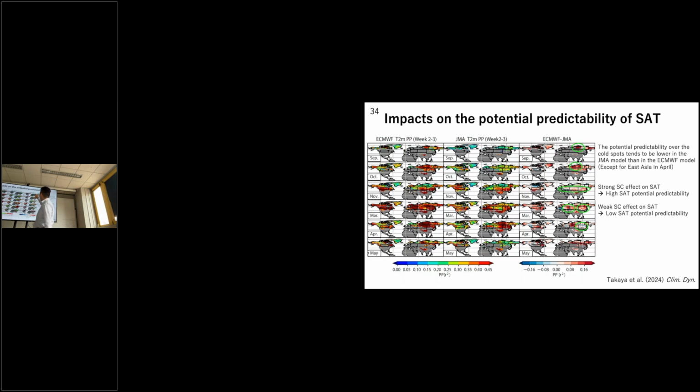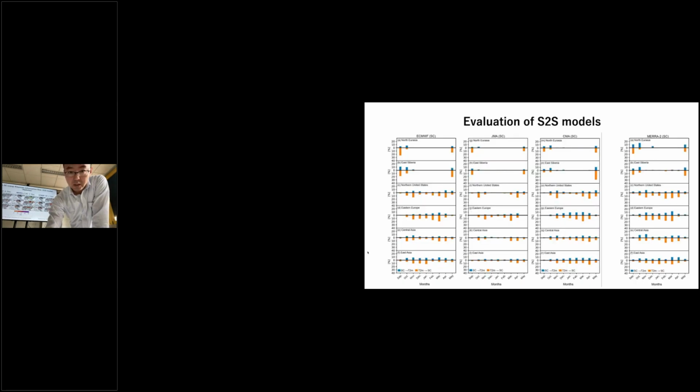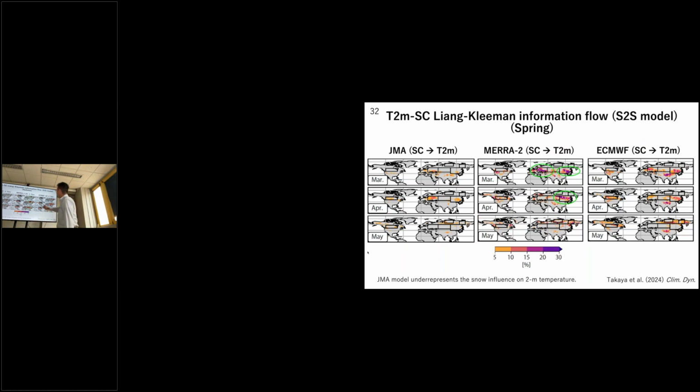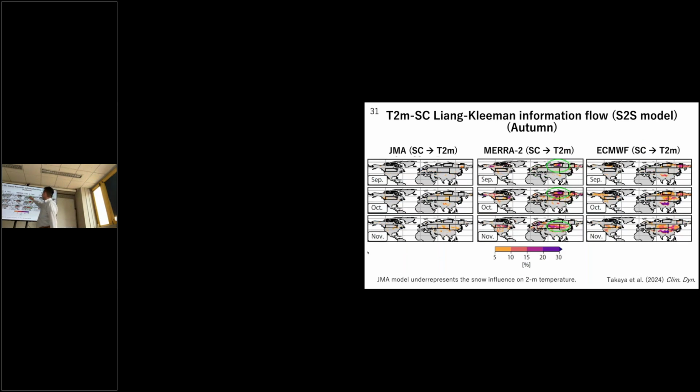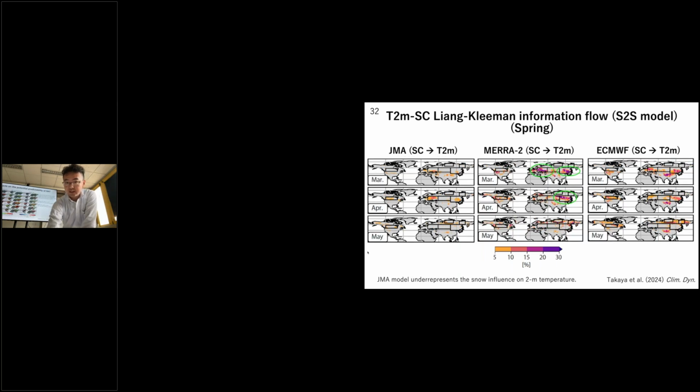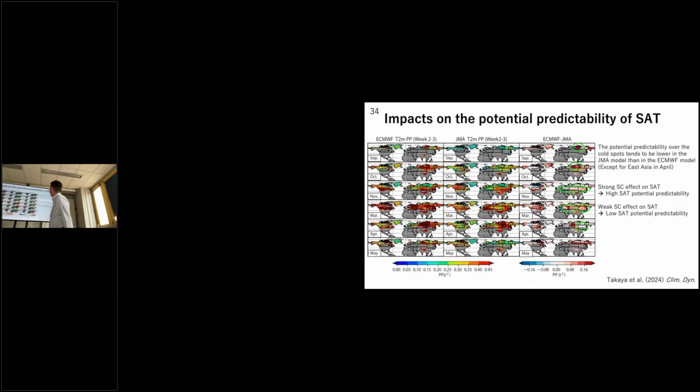Actually, this region coincides with the hotspot region. If you remember, here we see the hotspot region, and exactly the same regions show that the potential predictability in the ECMWF model is much larger than in the JMA model.